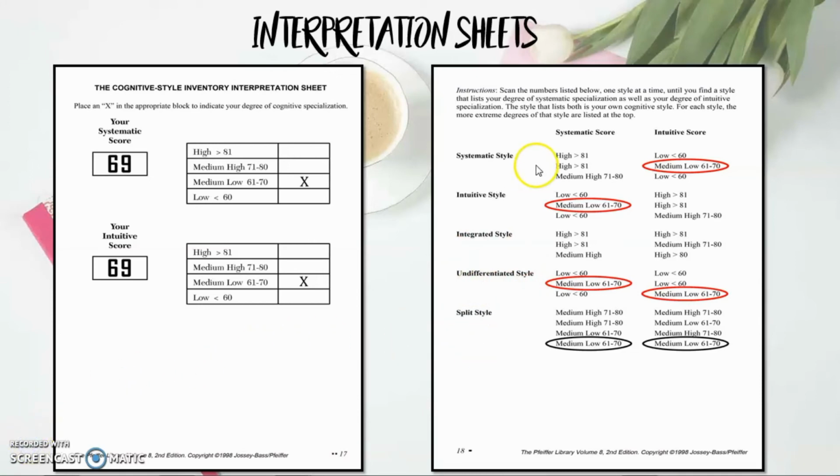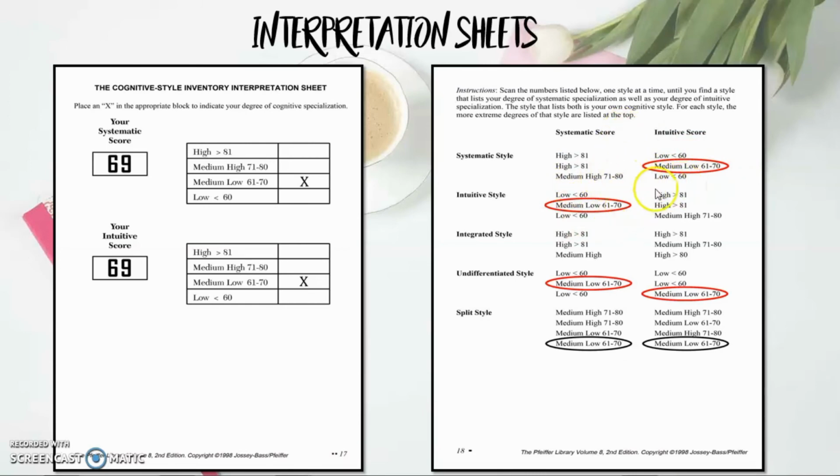So the respondent needs to circle the degree of cognitive specialization from the results. For example, in the result of the first interpretation sheet, she gets medium low, 61 to 70, so she needs to circle the medium low, 61 to 70, in each score.